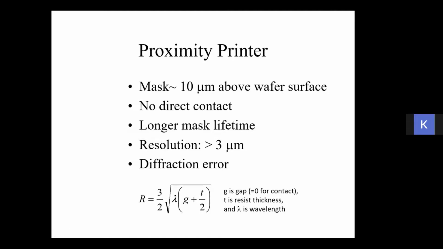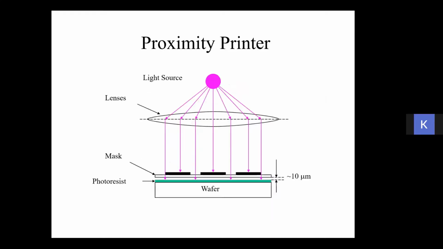So if you have to achieve a thinner dimension, your thickness, that means T, has to be low, and G is the mask gap. So if it is contact printing, G will be 0. Otherwise, in this case, it may be 10 micron or 20 micron, whatever you have kept. So this is how proximity printing is done in photolithography.